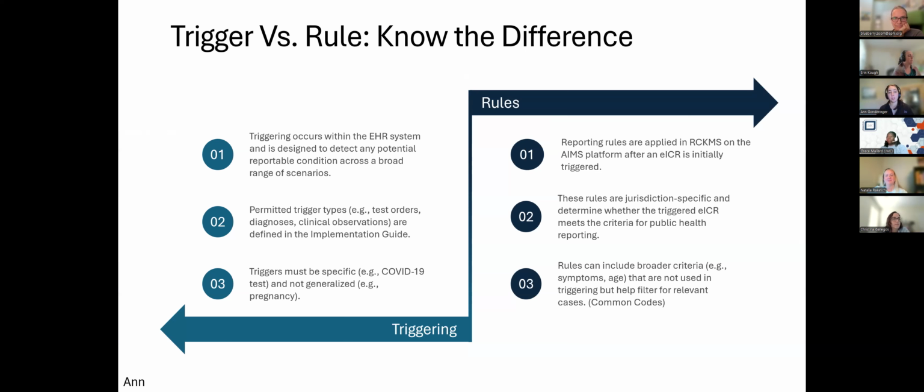But when the rules come into place, applied at RCKMS, you can include those common rule sets along with the trigger codes, and those can be authored by the jurisdiction to meet their needs. Those are always broader and can include broader criteria, as Natalie mentioned: age, symptoms, et cetera. So we'll hit the next slide.